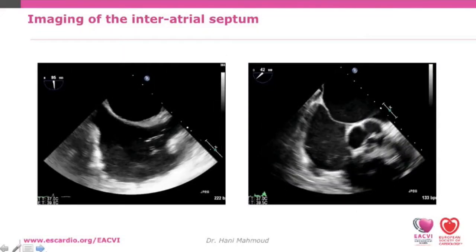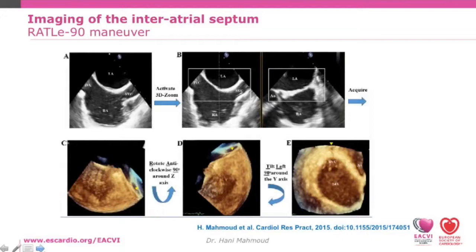If you are using 3D TEE, here there is another method that will make it easier for you. RATTLE maneuver. RATTLE stands for rotate anti-clockwise, tilt left for 90 degrees. Starting from the bicaval view, activate the 3D zoom capability of the machine, acquire the full length of the septum, the vena cava, both ostia, and part of the aorta and the posterior part of the septum, and acquire that.